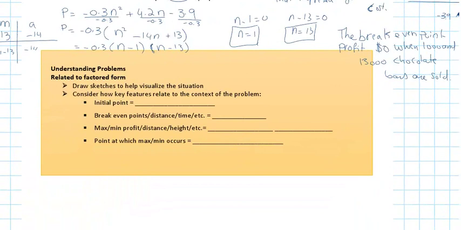Initial means y-intercept, which means my x value is 0. What form do I need it to be in to find the y-intercept, the initial value? The expanded, the standard form. Okay? Now, you can also plug in 0 for x if you want to check your work, and make sure that it works.